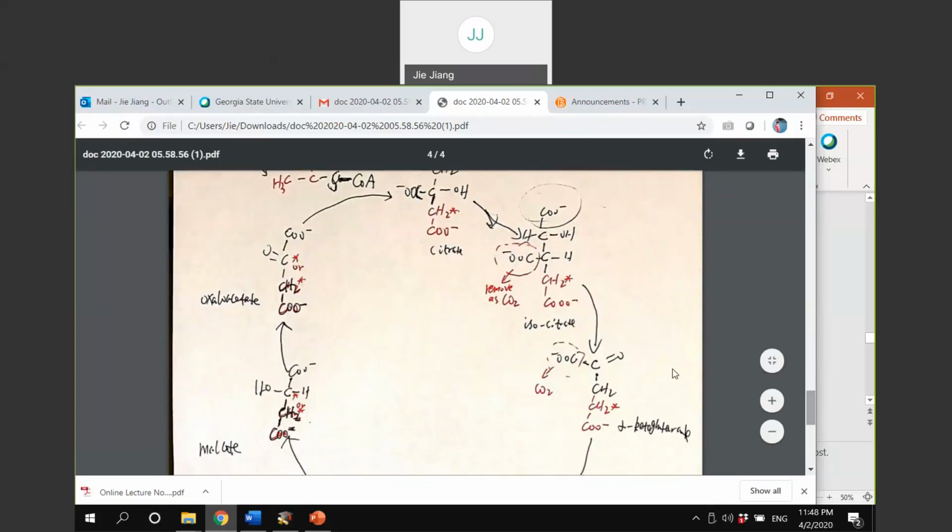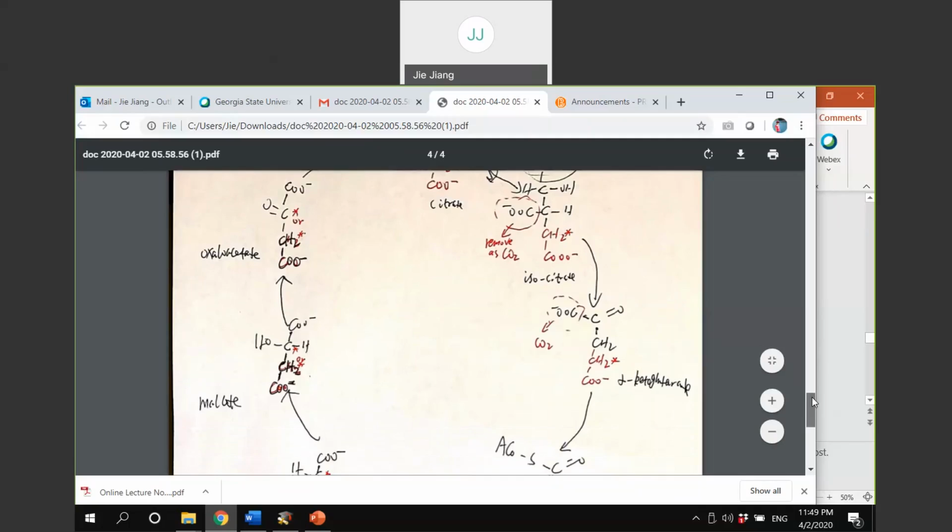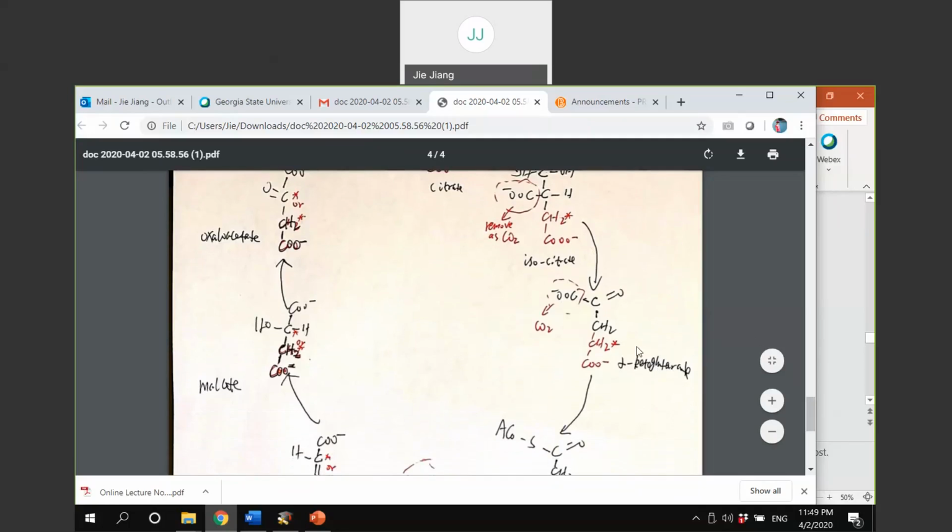Further, you remove a carbon dioxide. The carbon dioxide that is removed is the middle one, actually the one from your oxaloacetate, right? So the labeled carbon is still here, not changed yet. Now, further, this alpha-ketoglutarate will remove another carbon dioxide.